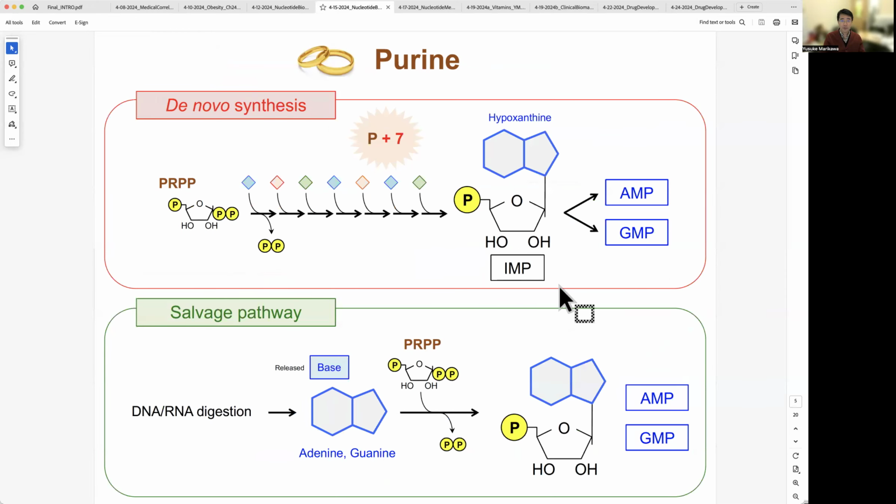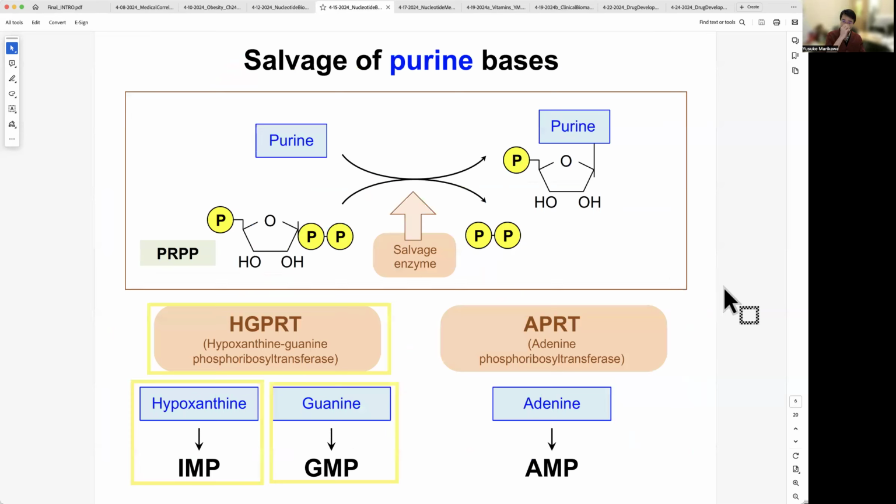Focusing on the purine salvage pathway, there are two enzymes that change the purine base into purine nucleotide. One of the two is very, very important: HGPRT, hypoxanthine-guanine phosphoribosyltransferase, changing hypoxanthine base into IMP, or guanine into GMP. Those are the two reactions of HGPRT.